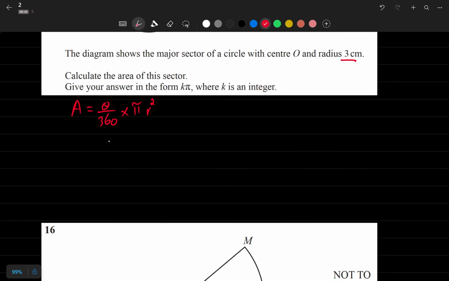So theta is equal to 280 divided by 360 multiplied by pi. R is 3 and 3 square is equal to 9. If you solve this, you will get an answer of 7 pi, and 7 is the integer k.